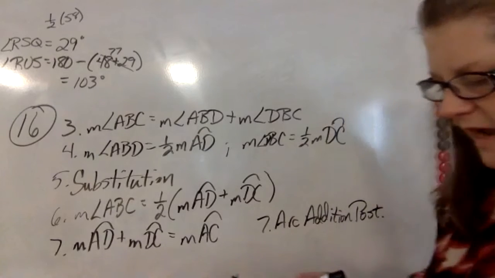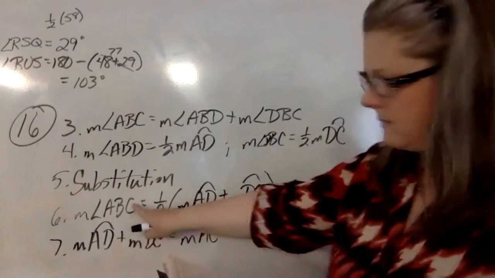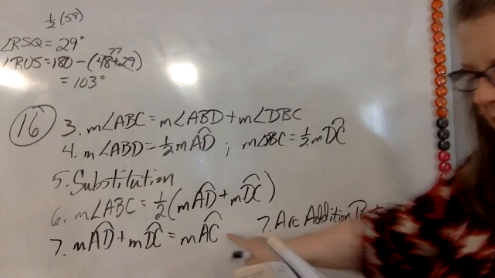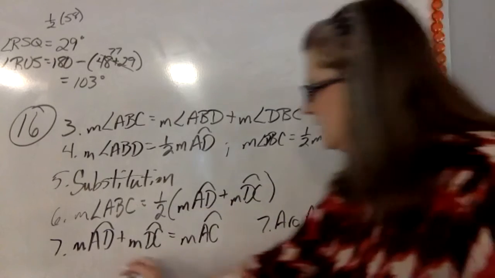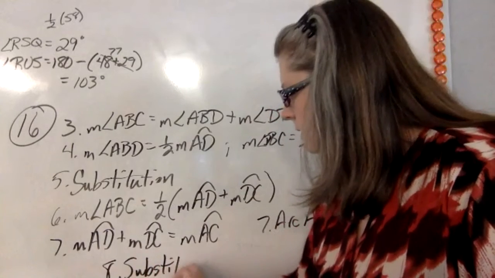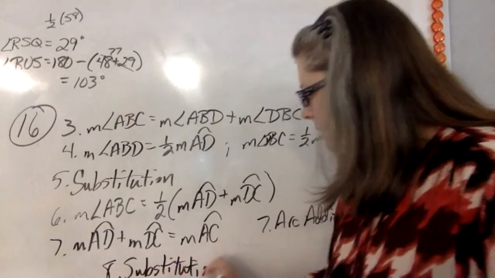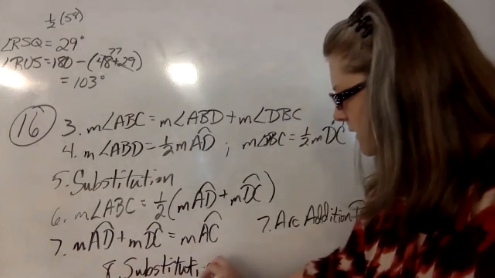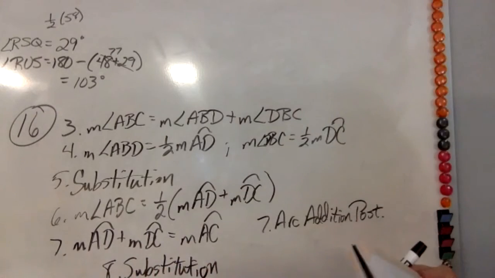And then for number 8, they just said measure of angle ABC was equal to half the measure of this, and they did that by substitution again. That just looks really ugly, but that's what it is. Substitution again.